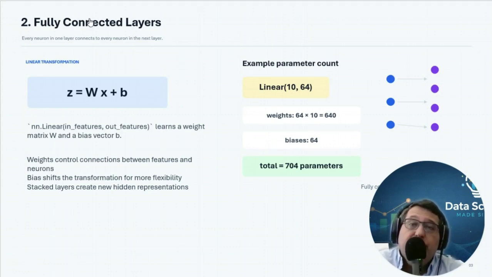Number of parameters equals input features times output features, plus output features for the biases. So the larger we make our hidden layers, the more trainable parameters the network contains. That gives the model more capacity, but it also increases memory requirements, computation, and potentially the risk of overfitting. This is one of the first architecture trade-offs we encounter in neural network engineering.